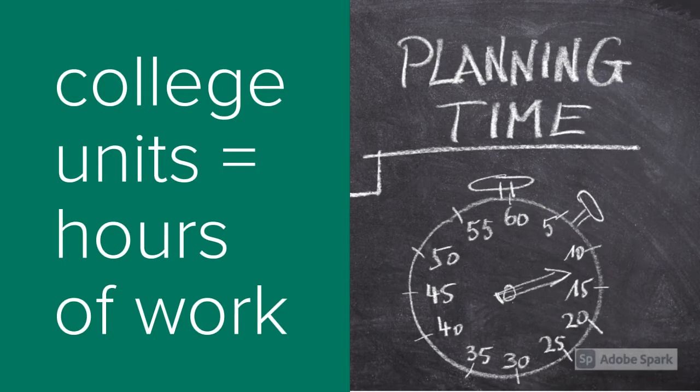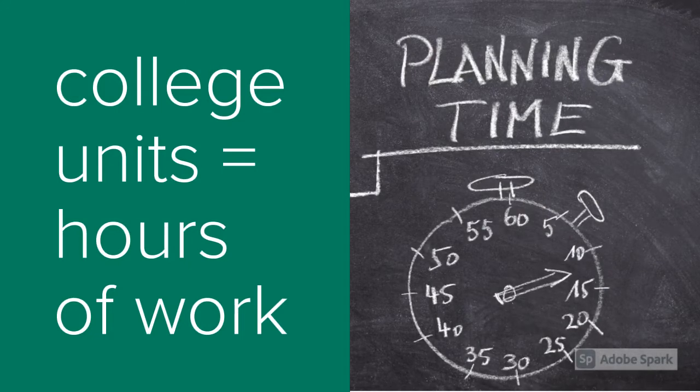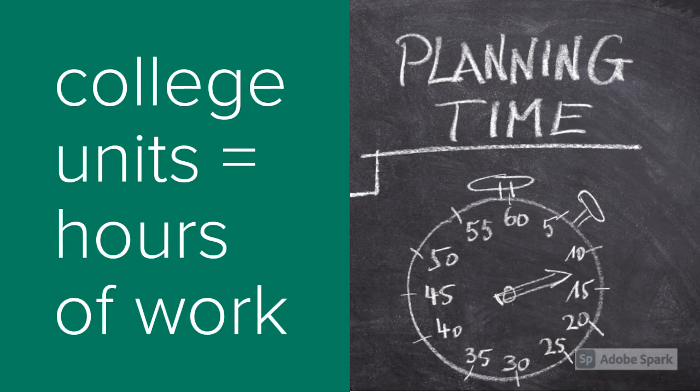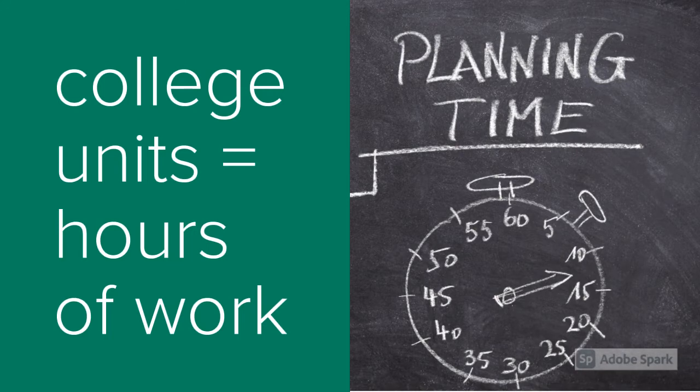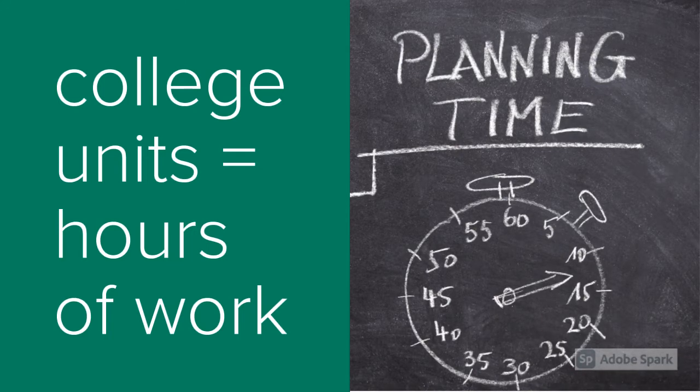The best way to think about college units is to think about the number of hours of work. So, a class has units, and that number, the number of units, will tell you how much work you need to do for that one class.